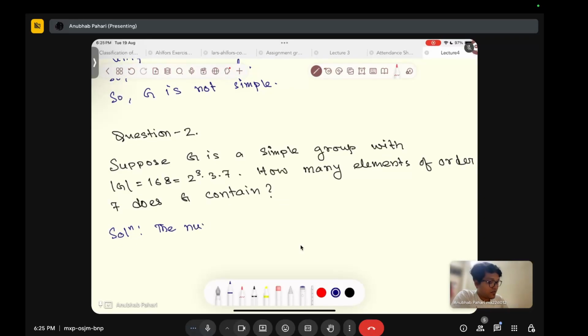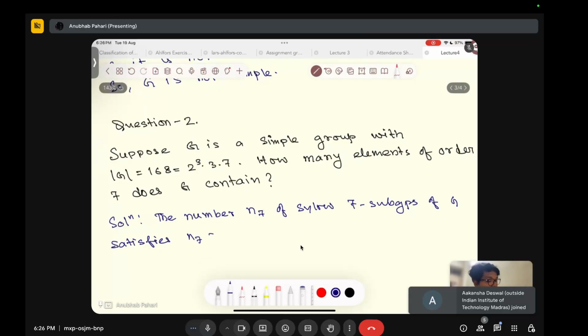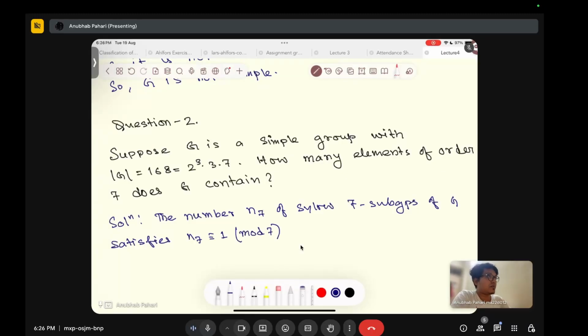The number n7 of Sylow 7 subgroups of G satisfies n7 congruent to 1 mod 7, and n7 dividing 2 cubed times 3, that is 24.